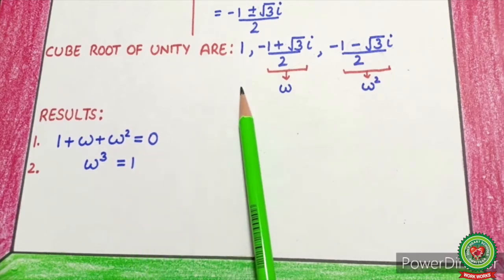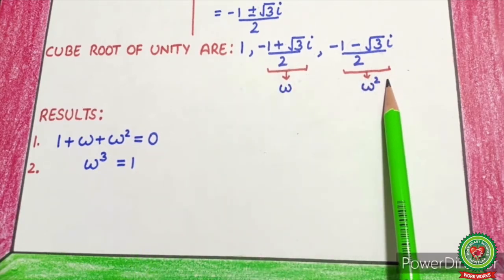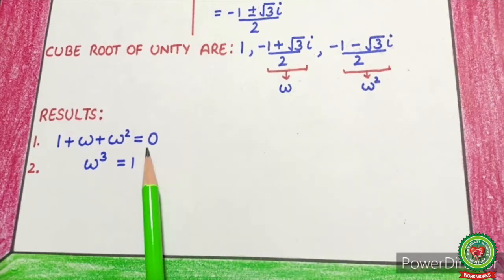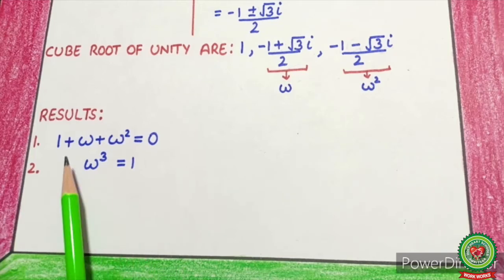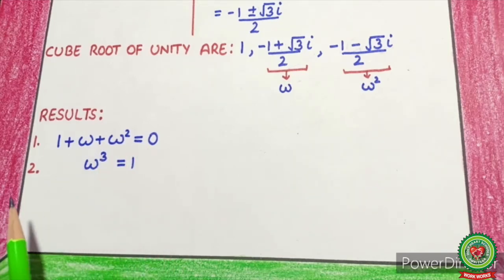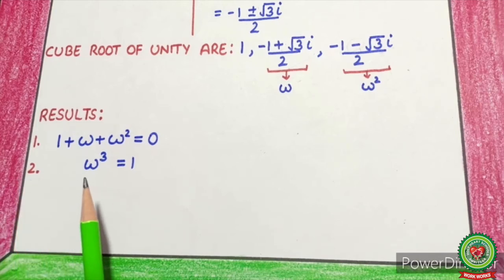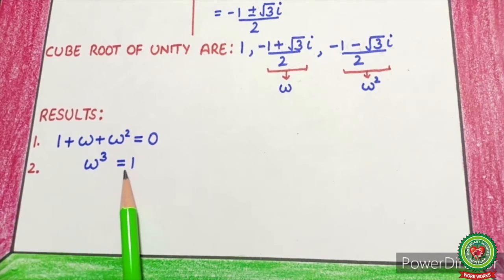If we add all these cube roots of unity, our answer is equal to 0. We are going to use this result directly in the questions, with no need to solve those values. And our second result is omega cube is always equal to 1. So we are going to use these results to solve the questions.